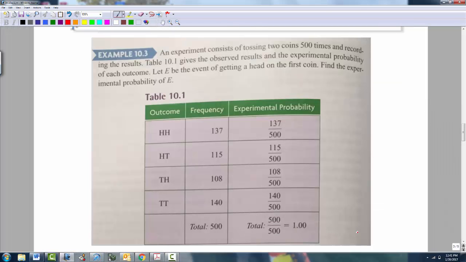Obviously. Here's the experiment of tossing 2 coins. The exact same thing we talked about theoretically happening. And if this matched, look at the chart only before you start writing. If this matched the theoretical probability, what should all of these numbers actually be?